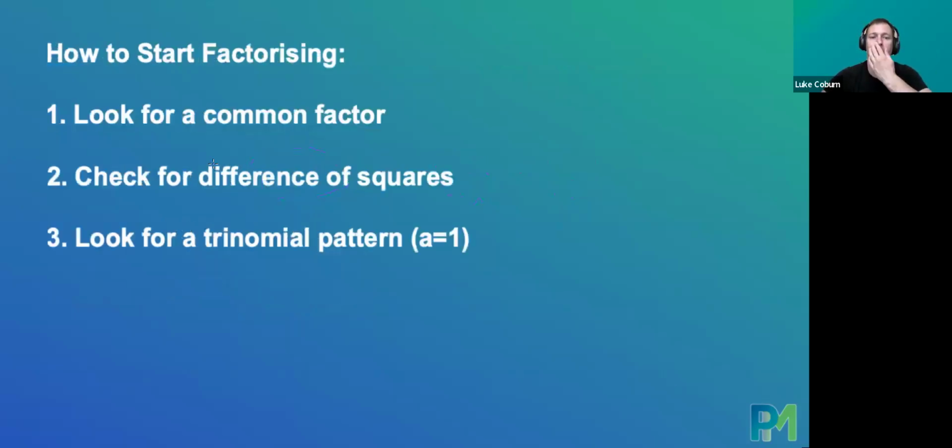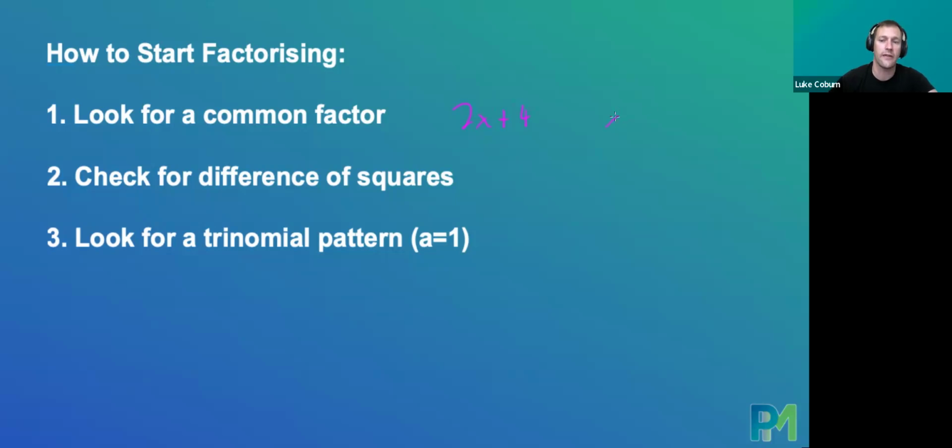Okay, so when we're factorizing, we're going to be having basically questions of 3 different types. Okay, so the first one will be ones like 2x plus 4. And you're going to be looking at the two numbers and looking for a common factor. In this case, the common factor is a 2.